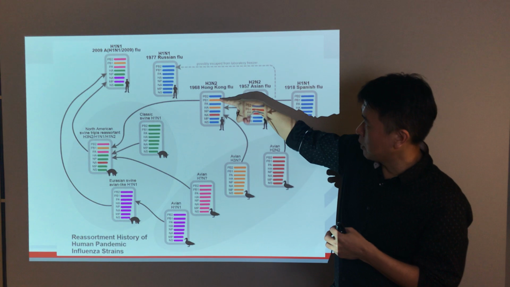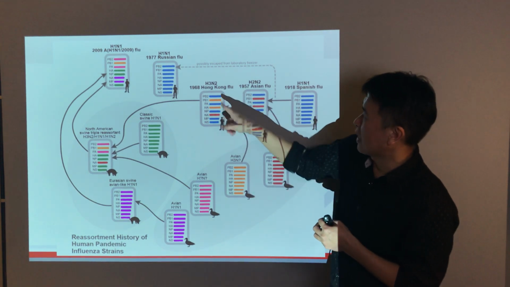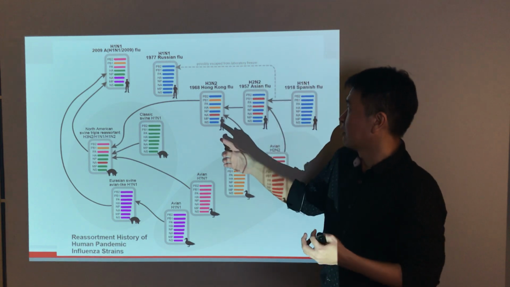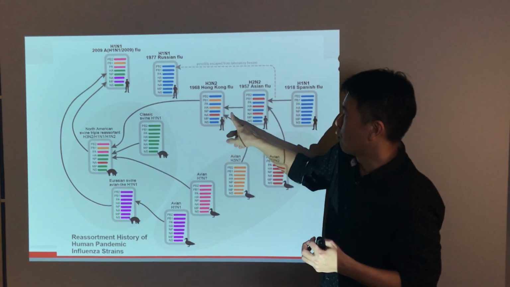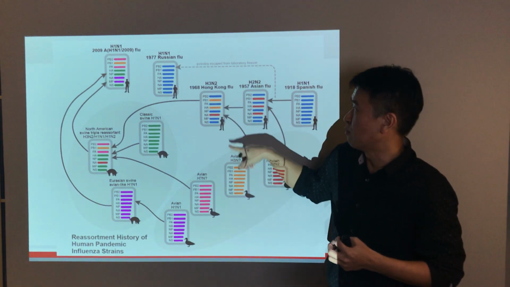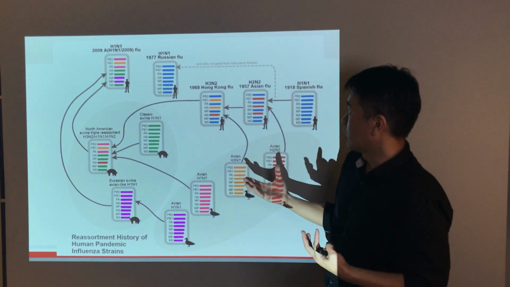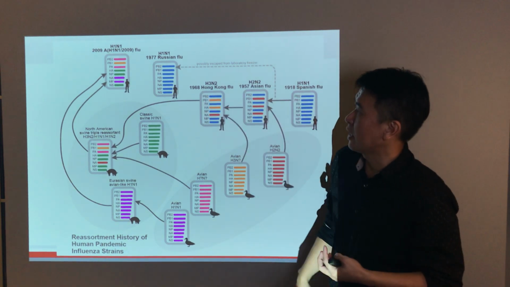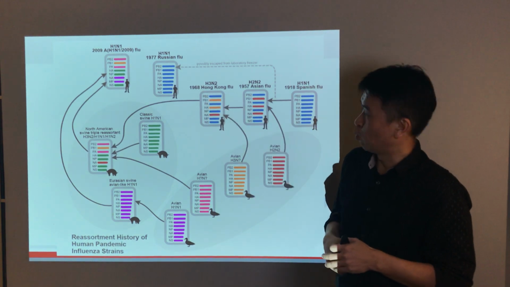So it takes the PB1 and HA from this particular strain, and now on the surface of the virus we still have the same NA from the Asian flu, but we have a different HA from a new avian flu. So again, this will not be recognized by your immune system. So in 1968, there is another flu called the Hong Kong flu.